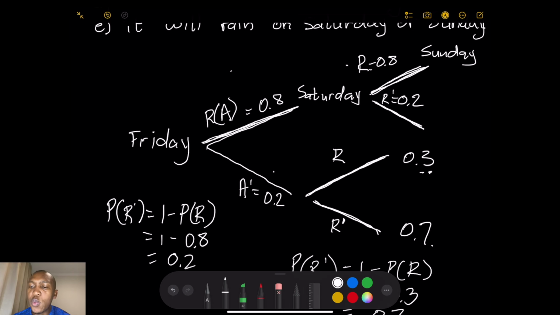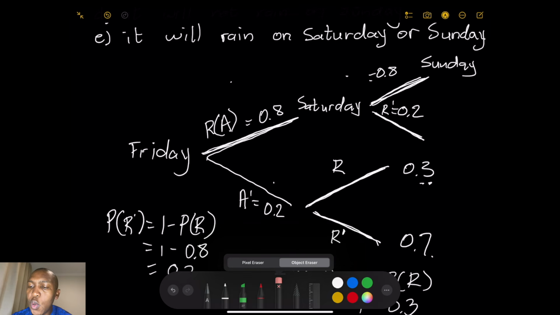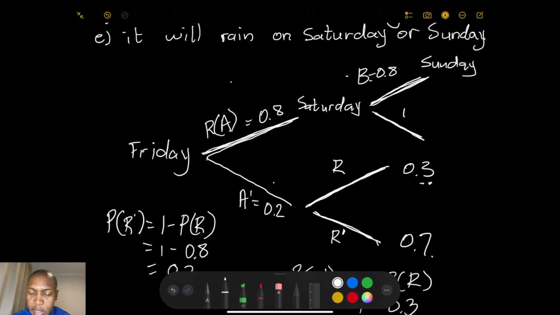And in this case, we said B, therefore, would represent the chances of it raining on a Sunday. So that would be B, and that would be B prime, the chances that it would not rain on a Sunday.